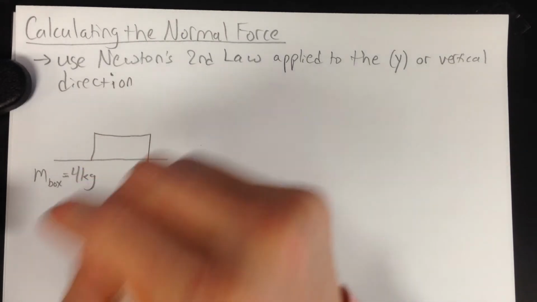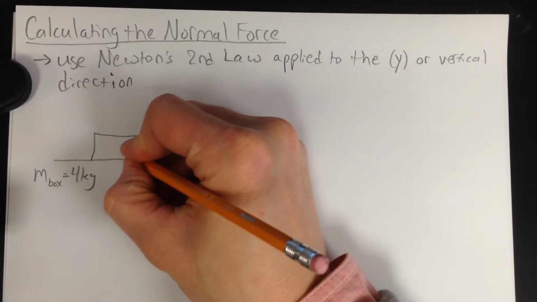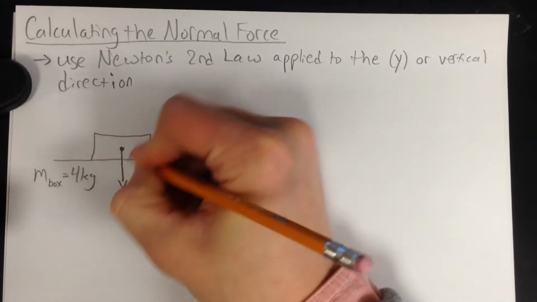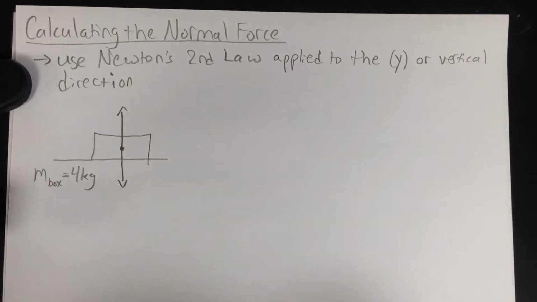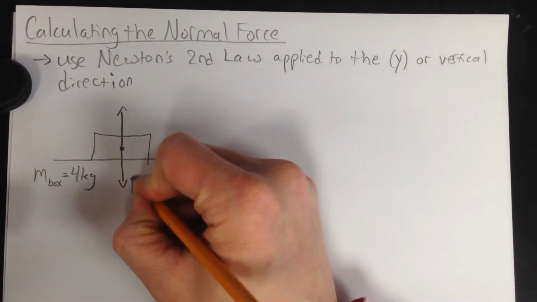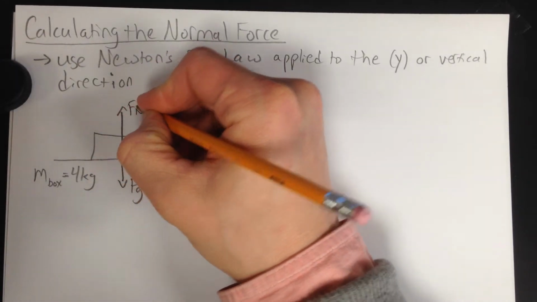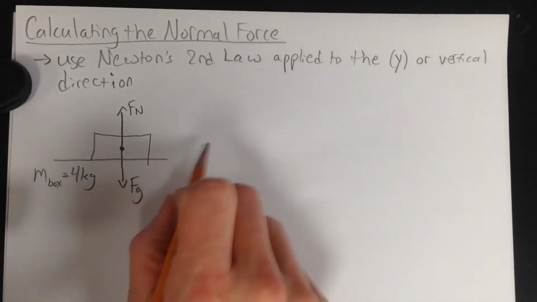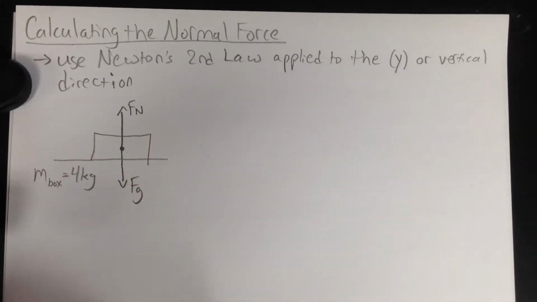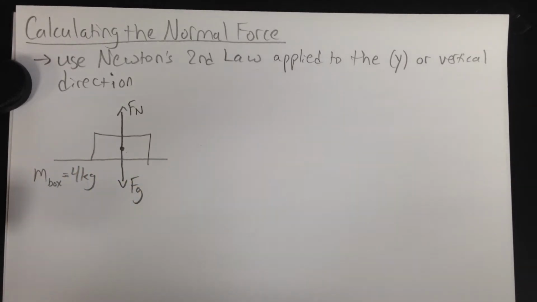Well, remember, whenever we use Newton's second law, we always draw a force diagram first. So if something is simply at rest on a table, it's the same force diagram as before. It's on Earth, so gravity pulls it down. The table supports it with a normal force. Nobody's pulling to the left or to the right, so we don't have to draw those yet. We don't have to add the horizontal yet, but we'll get there.